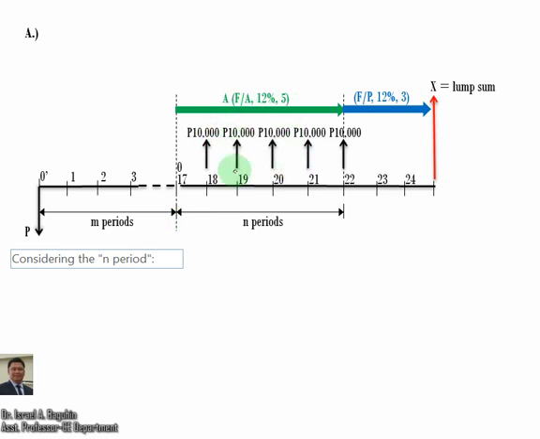So we concentrate here from this first annual payment, second, third, fourth, and fifth until the 22nd year. So we are involving here an annuity. Since we are after this lump sum, we are going from left to right. So we are going to calculate the future amount of this n period, so that after calculating this one, we can proceed to another period, the deferred period with this blue color.